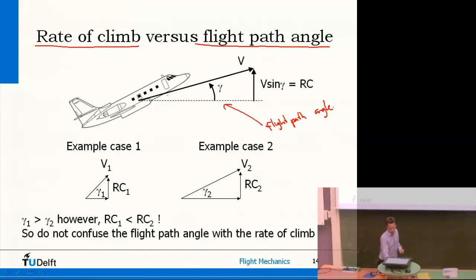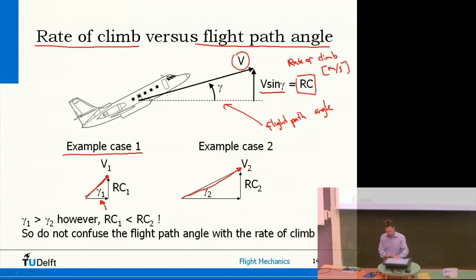Now let's say there's another airspeed where at that airspeed you can't climb that steeply, but you can fly pretty fast. So here the airspeed is very large, but the gamma 2 is a bit smaller.